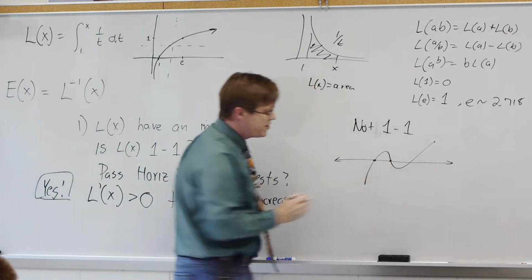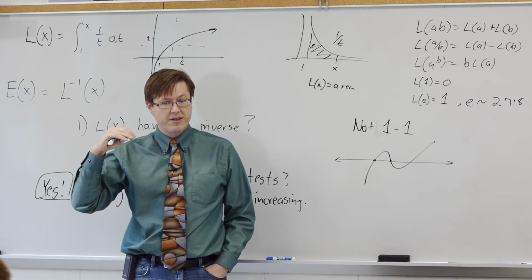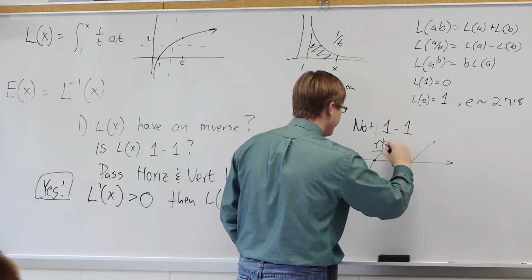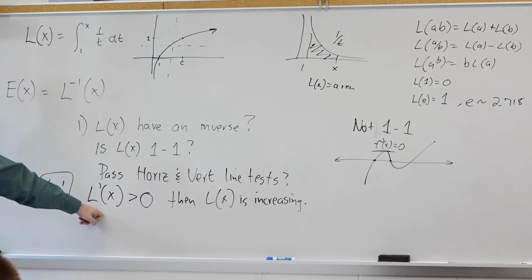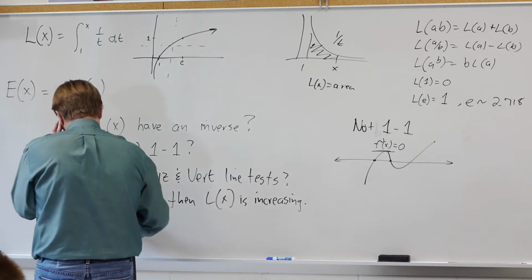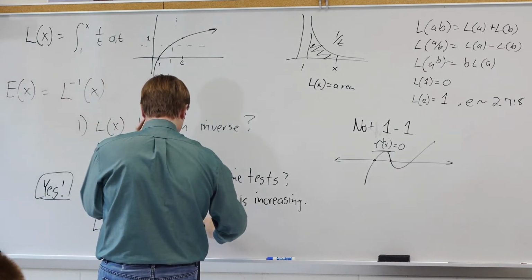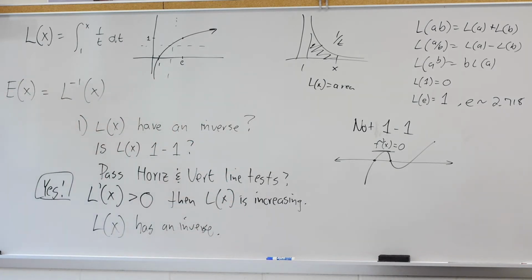If there are 2 points with a horizontal line, what does the derivative have to be somewhere in the middle? 0. So here, f prime would have to equal 0. But L prime is always positive. So this has to be one-to-one. So yes, L has an inverse, which is good because otherwise I wouldn't have anything to talk about for this whole lecture.